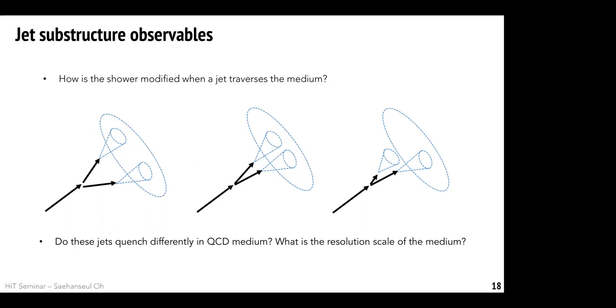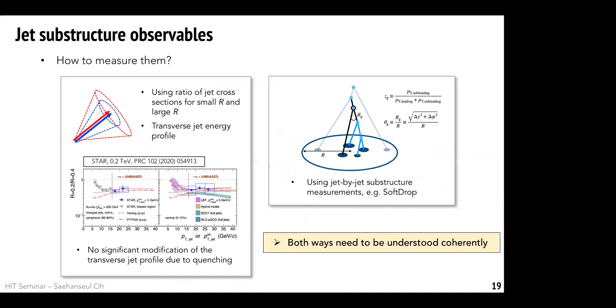This question is directly related to the resolution scale of the medium. If the resolution scale is small enough, the medium will look at these first two jets differently. But if the resolution scale is large, then the medium will consider these two jets more or less the same entity. So how do we measure jet substructure observables?